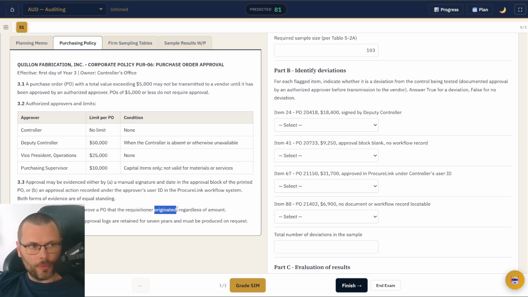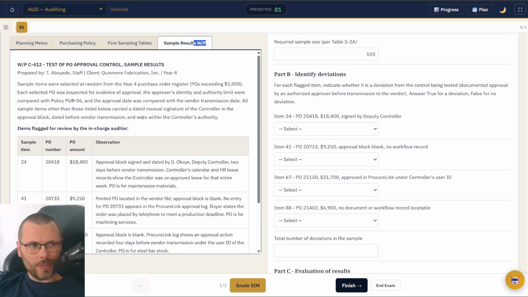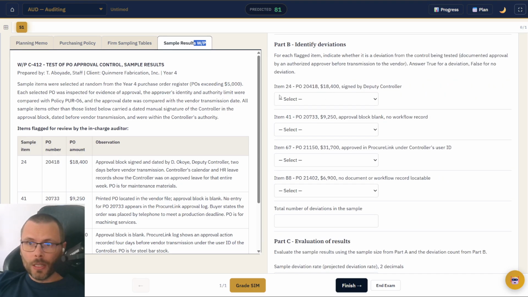You can't approve your own originated or requested item. That's fine. And 3.5, signed POs and workflow approval logs are retained for 7 years. Great. Let's go back to the results and see which ones of these are an actual deviation from the policy.